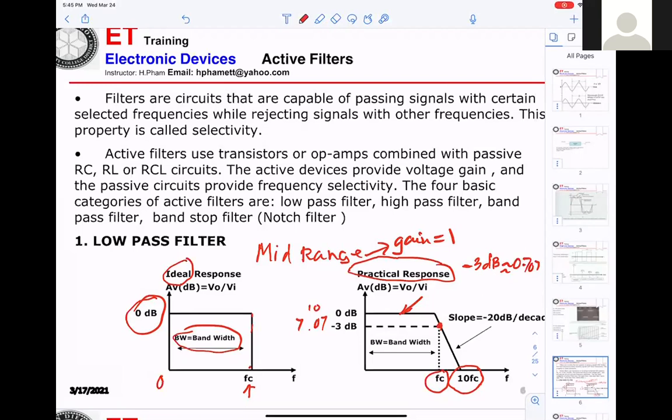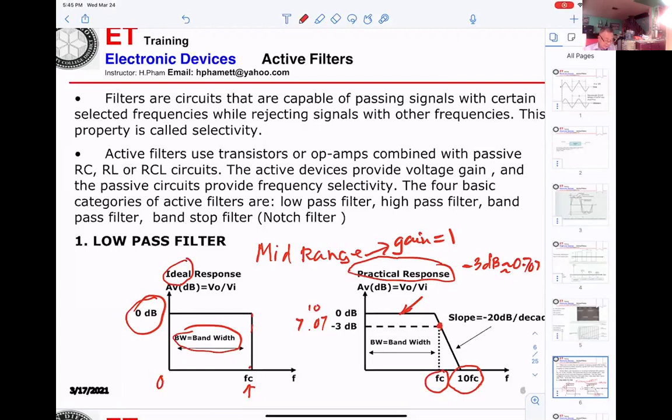Minus 20 dB, you cannot find the way to do the calculation unless you know how you get minus 20 dB.